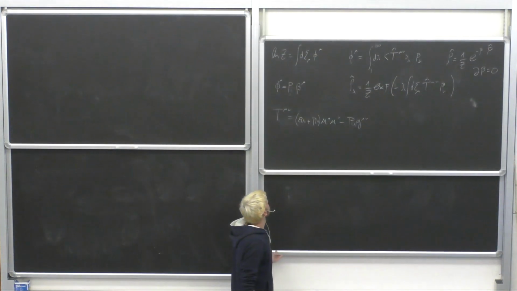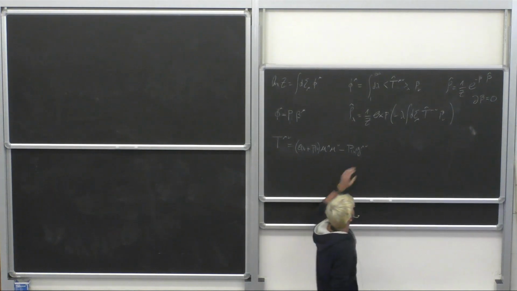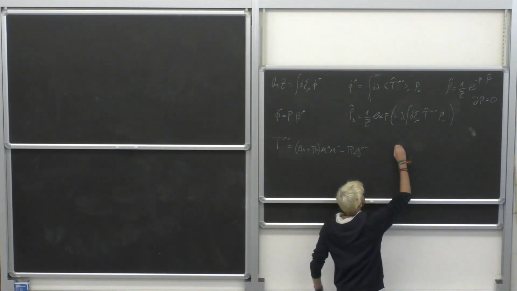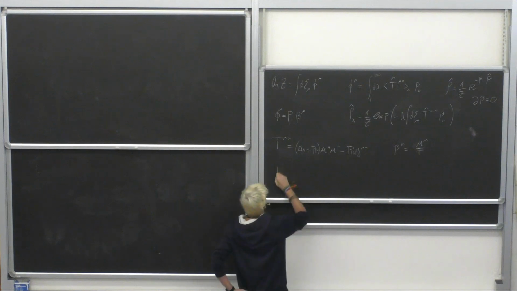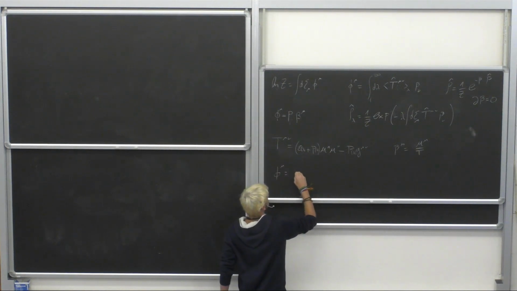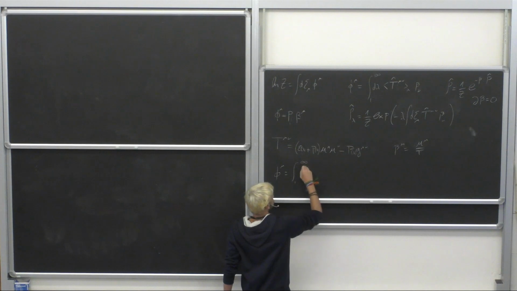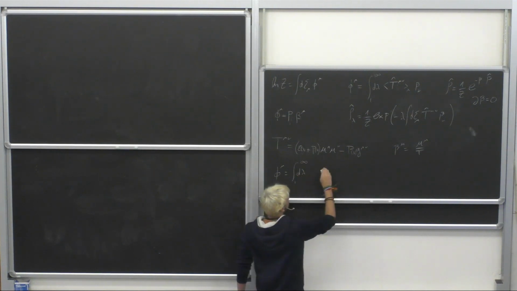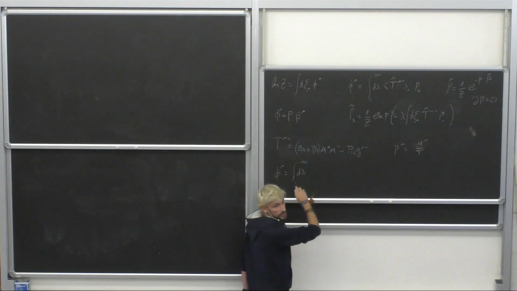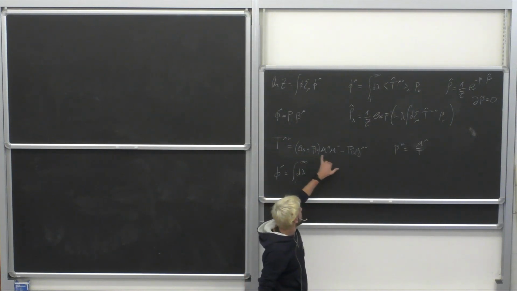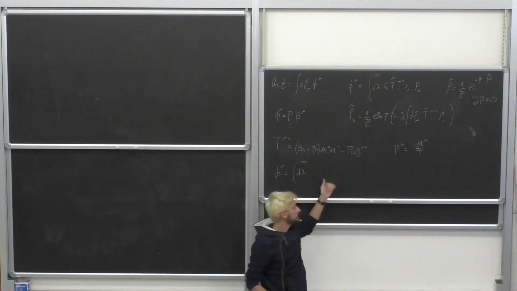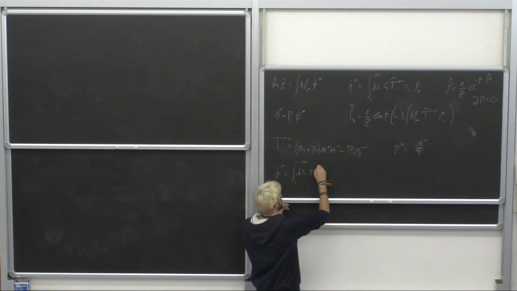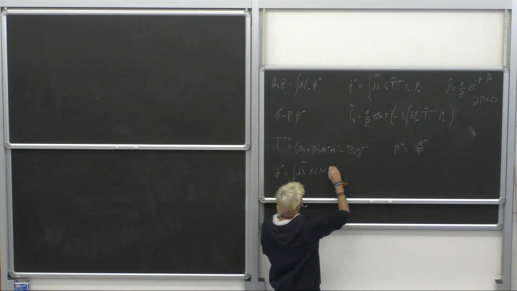Okay, so if we use this formula, recalling that beta mu is the ratio between the four-velocity and the temperature, we can see that phi mu is just the integral between 1 and infinity of only the energy density as a function of lambda, because you can realize that this is the projector orthogonal to the four-velocity. And so in fact here we get the energy density of lambda times beta mu.